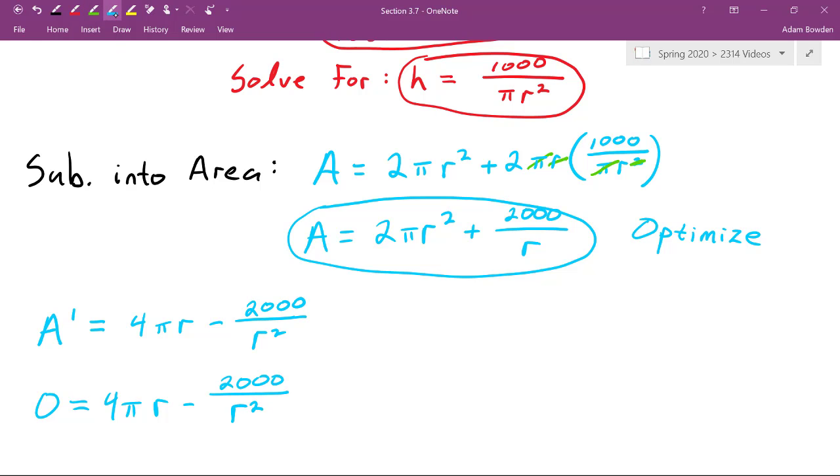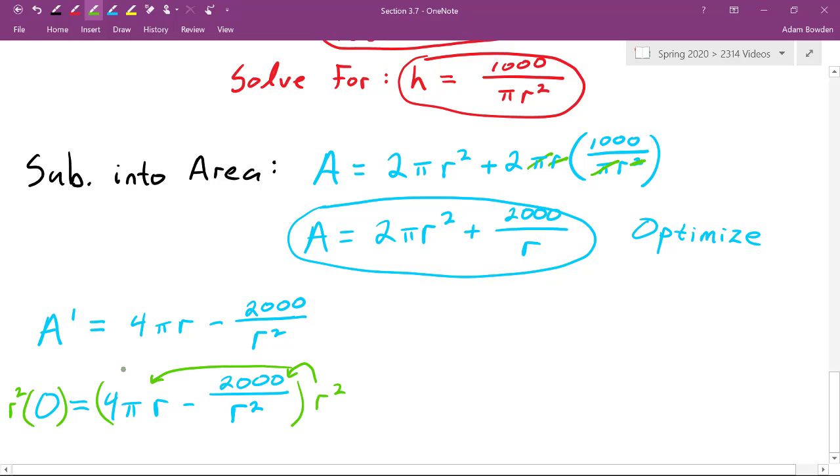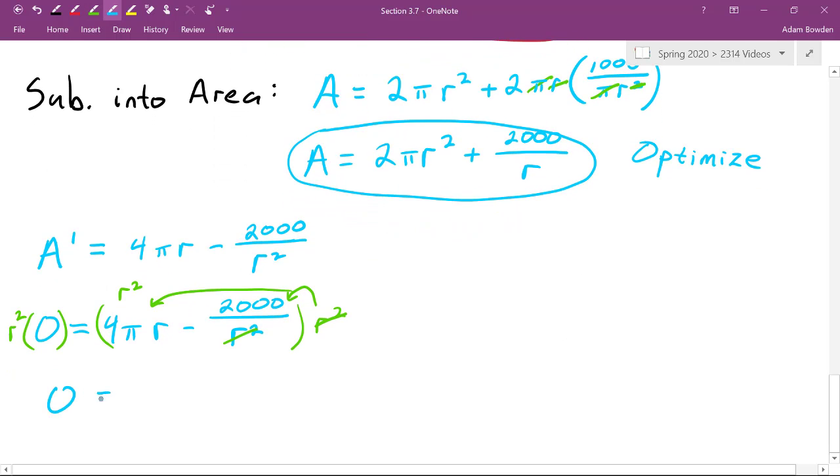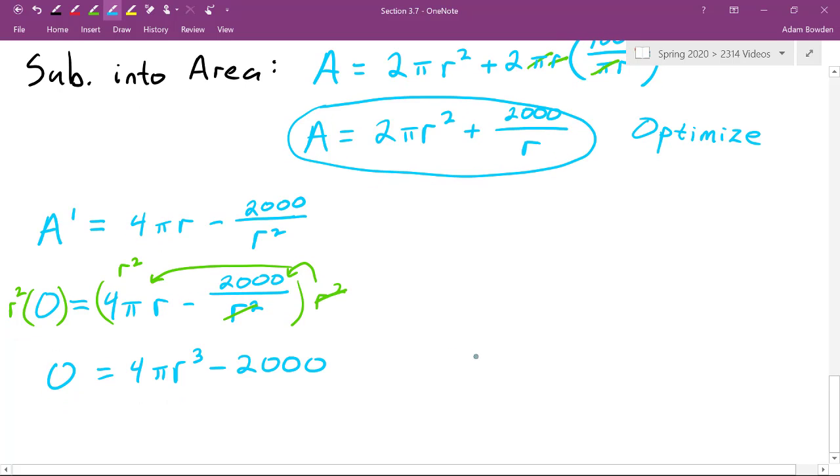To solve for r, I'm going to multiply through by r squared. That causes that to go away. What I'll have is 0 equals 4 pi r cubed minus 2,000. Now I have to solve for r. We'll move over the 2,000. We have 4 pi r cubed equals 2,000.